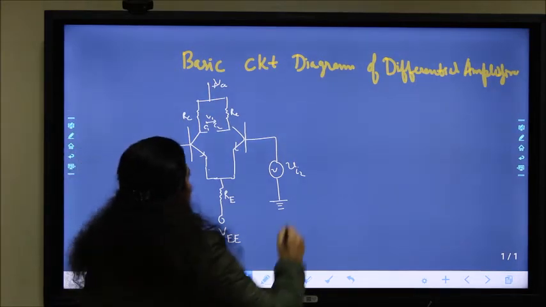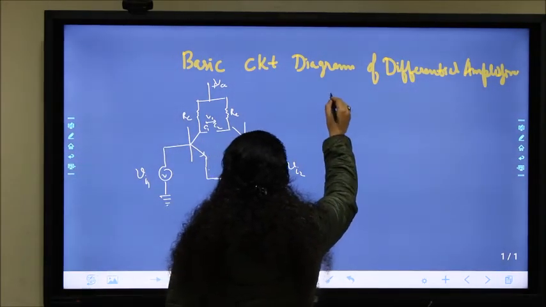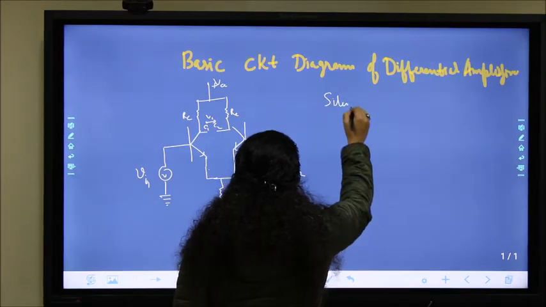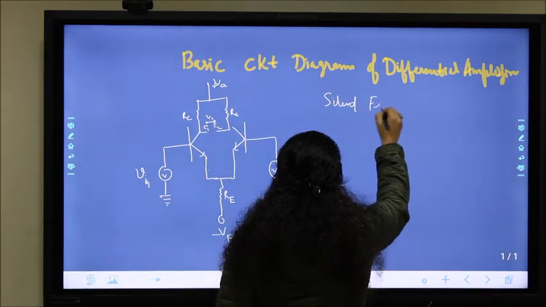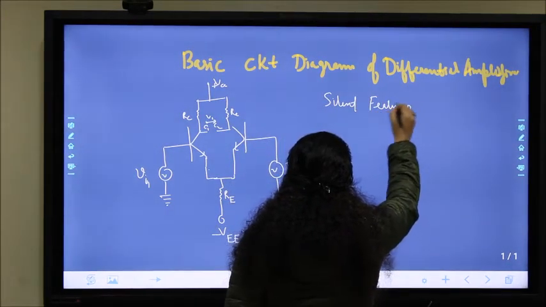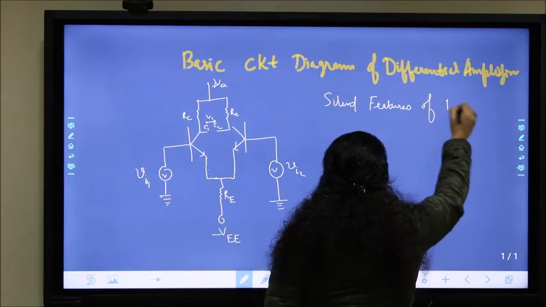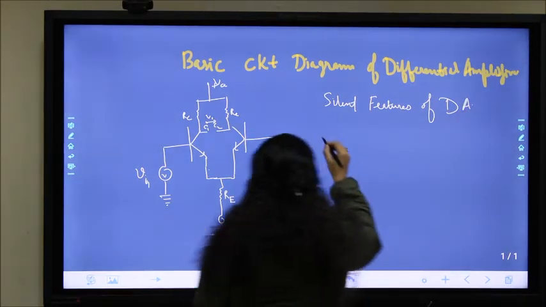Now let us discuss the salient features of the differential amplifier.